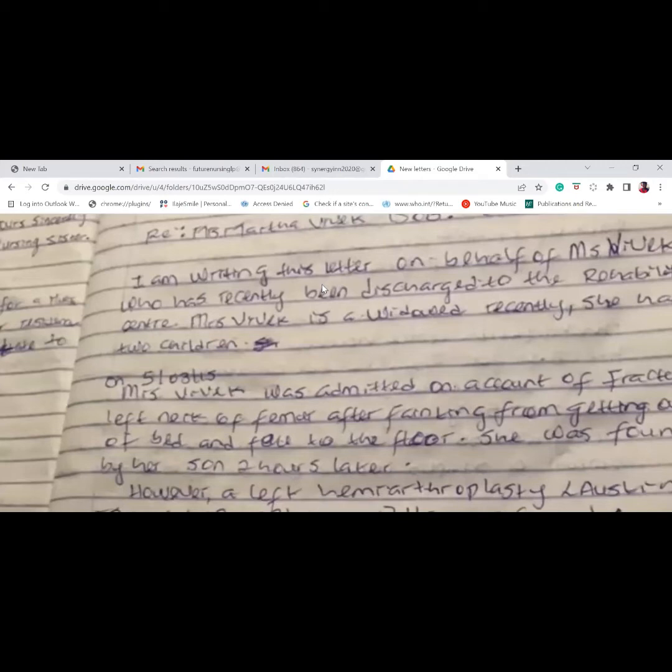It is not on behalf of the patient. You are writing from your facility to the other facility. So you're the one discharging the patient. There's no point saying on behalf of. So just say I'm writing regarding Miss Vivek, a 75-year-old woman who has been discharged from our facility to your facility, that's your rehabilitation center, for continuous management.